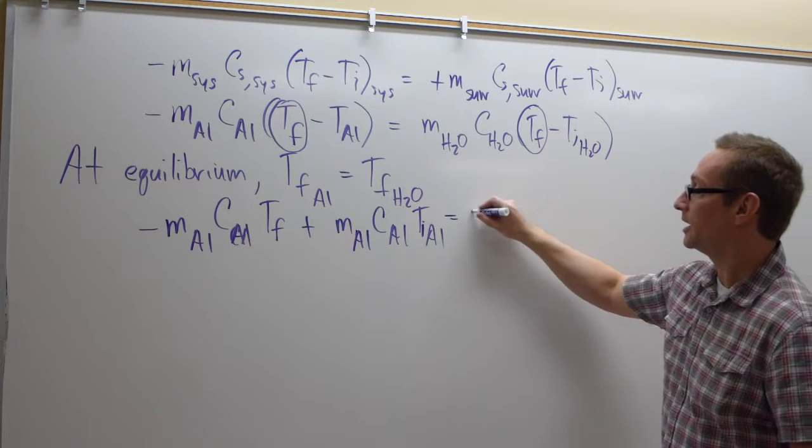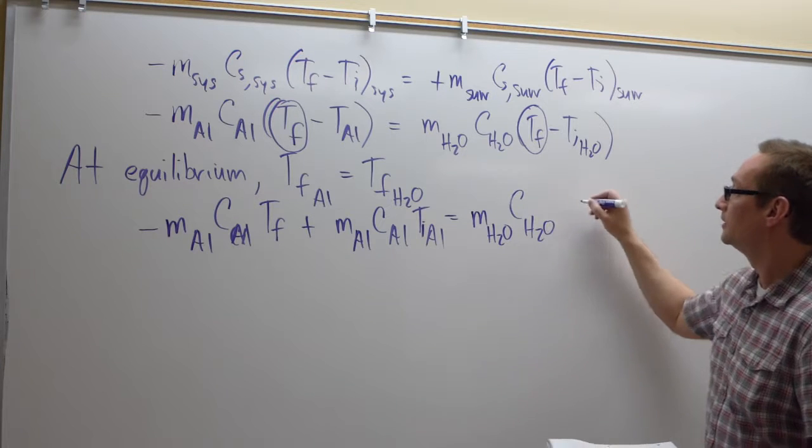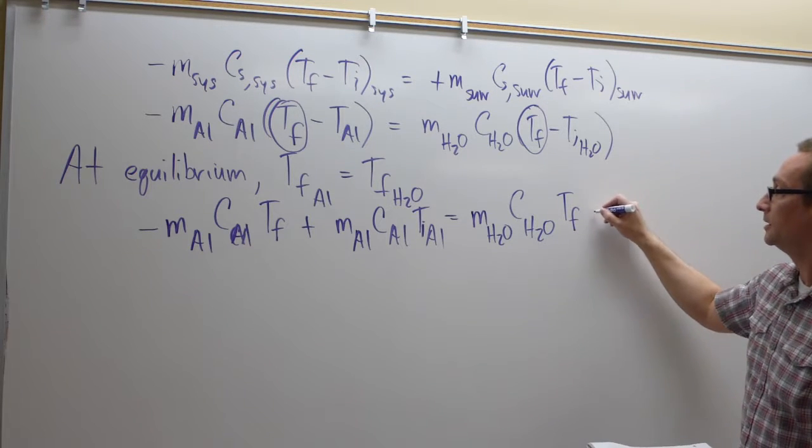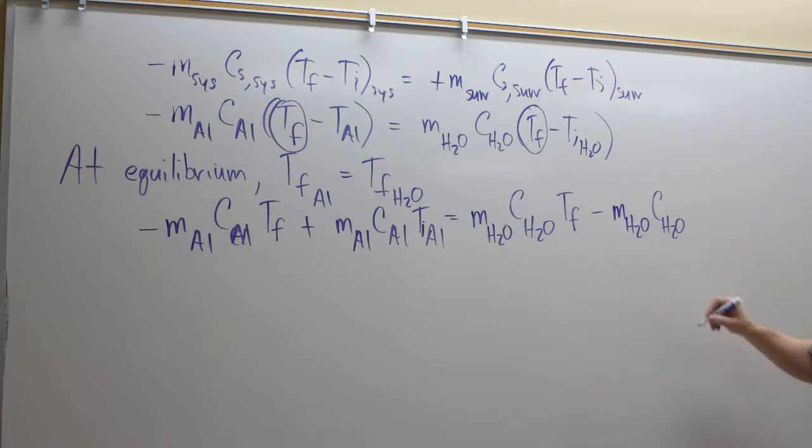On the right side we have M water, C water, T final, minus M water, C water. Sounds like I'm saying seawater like the ocean, but it's really specific heat of water. And then times T initial water.